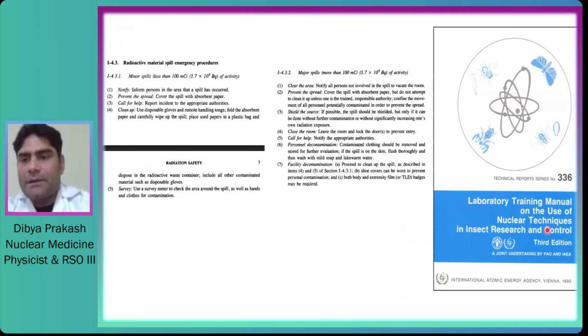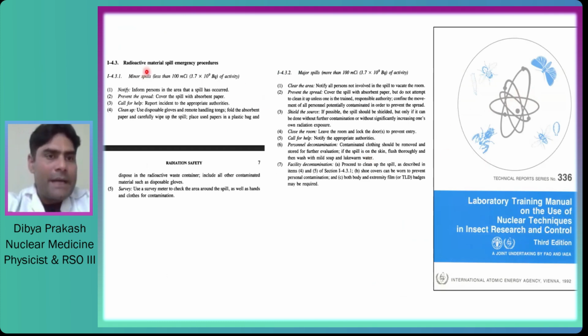This document, the laboratory training manual on the use of nuclear techniques in insects research and control, says under radioactive material spill emergency procedures that a spill of less than 100 millicurie is a minor spill, and more than 100 millicurie is called a major spill.